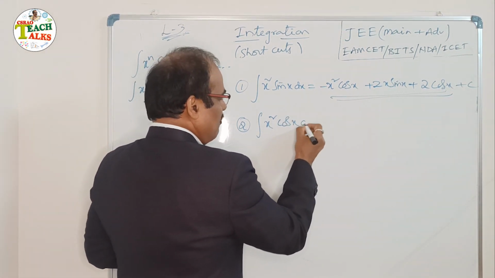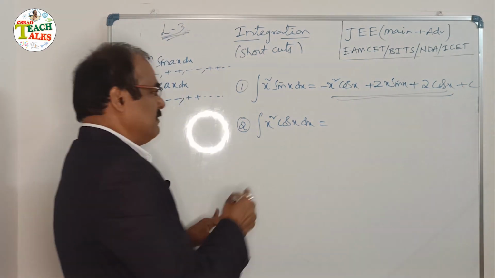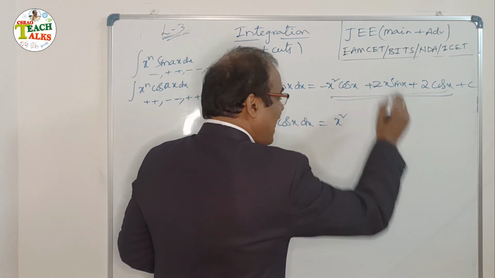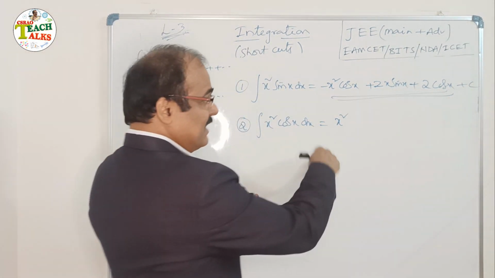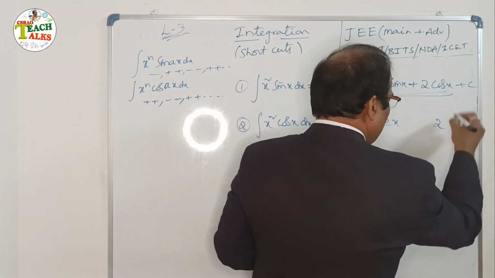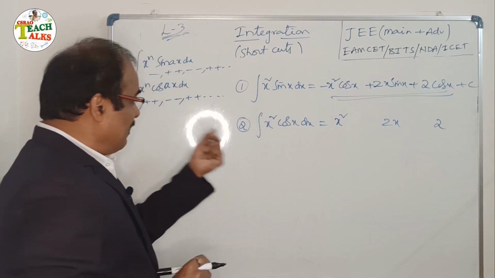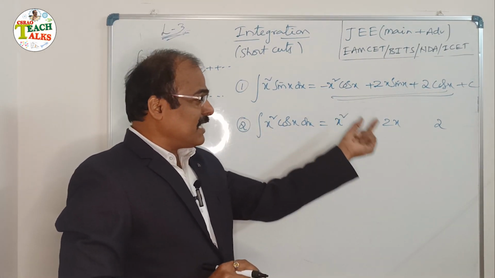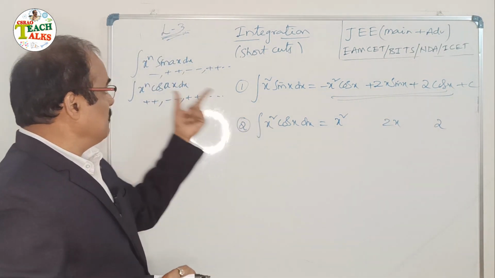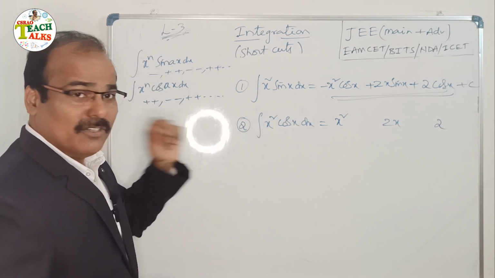And one more, the second one, x square into cos x. How can we do this one? Cos x is there, the second pattern. See, again you have to write the same pattern: x square first, and the x square derivative 2x, give the gap, and the 2x derivative 2. Now clear? Before writing cos and sin like that, the signs are there. You remember this pattern; if you remember it, easily you can do this one.